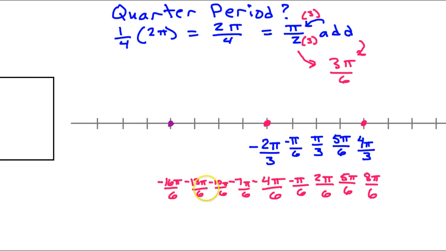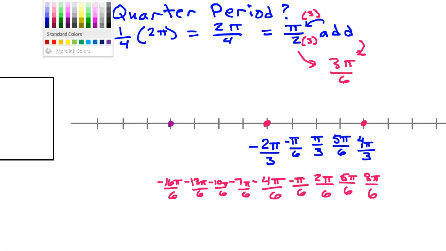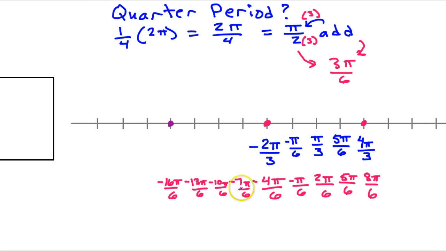Okay, and again, I put these down here out of the way, knowing that some of them will have to be reduced. Negative 7 pi over 6 cannot be reduced, so I'm just going to leave it what it is. Alright, it's getting crowded in here. Negative 10 pi over 6 can be reduced. That's negative 5 pi over 3.